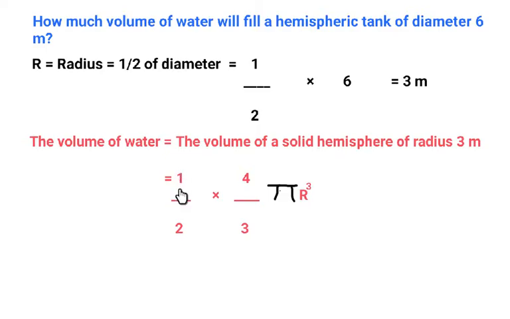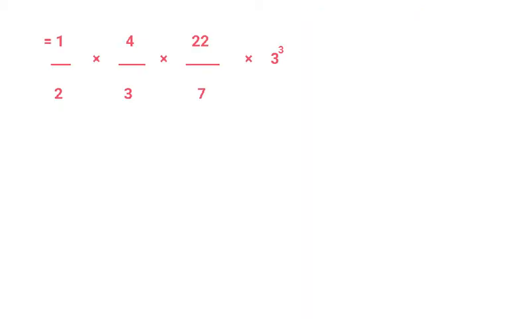So we have 1/2 times the volume of a solid hemisphere as 4/3 pi r cube. We now have it as 1/2 times 4/3 times 22/7 times 3 cube.